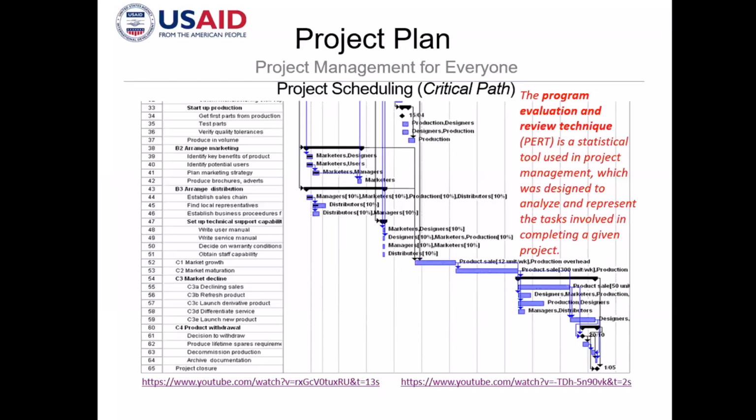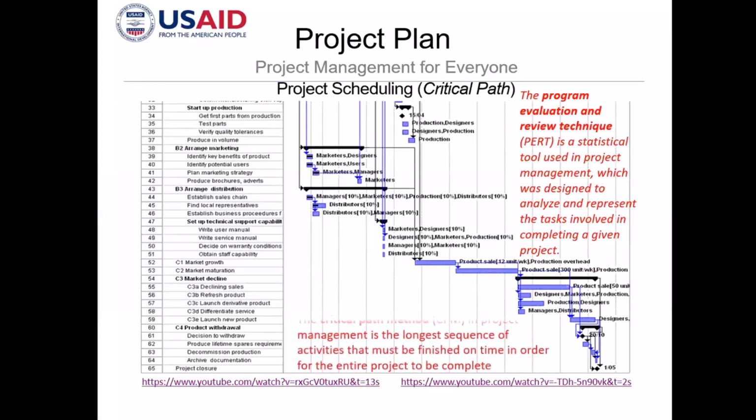This is something that the US Navy used in the 40s or 50s in doing a project for their intercontinental ballistic missile. So they came up with this in order to come up with a critical path. Nowadays, we call it CPM, the critical path method.